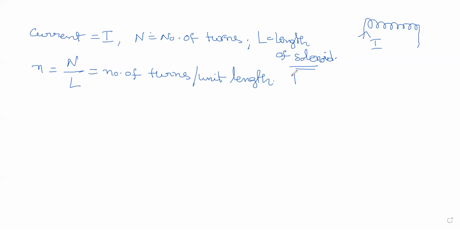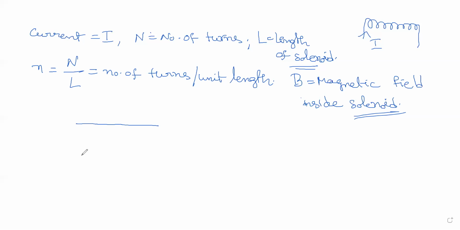And we say that B is the magnetic field inside the solenoid. Now, what we have to do is apply Ampere's circuital law. So how to do that? We consider that this is like a cylinder, but actually this is air.